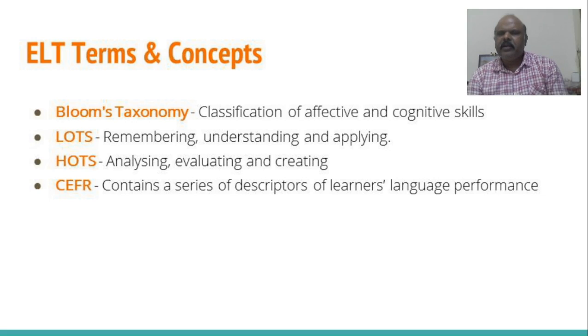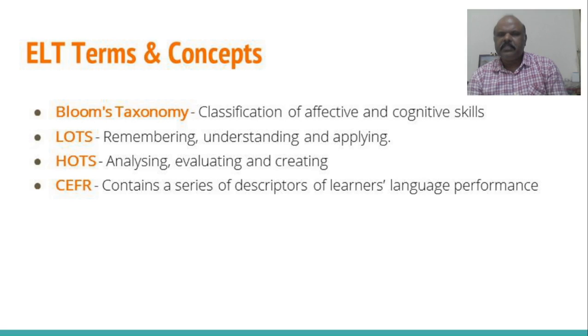Now, if you take higher order thinking skills, they are further divided into the sub skills that we referred to as analyzing, evaluating, and creating. Higher order thinking skills involve greater manipulation of information than lower order thinking skills.